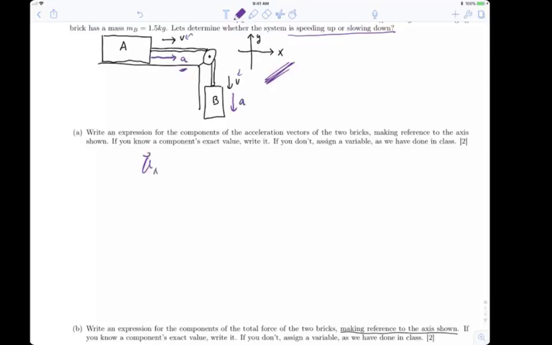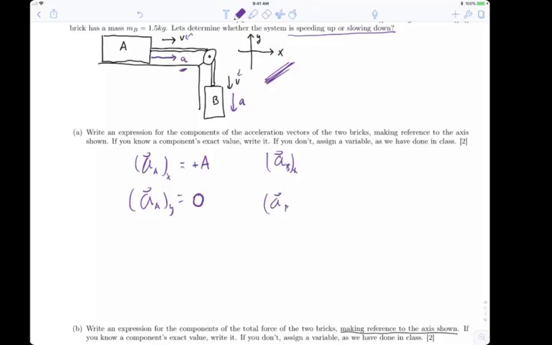Acceleration vector A, x direction, acceleration vector A in the y direction. You know that it's accelerating along the table, so the y component is going to be 0. I don't know how big that acceleration is, so I'm going to just give it a variable name. But I'm going to guess it's to the right. Now acceleration B in the x direction.